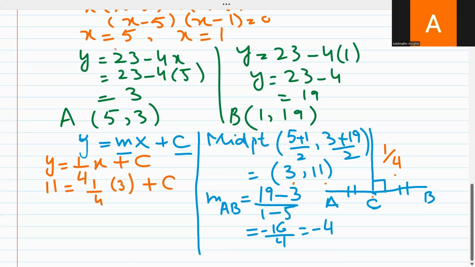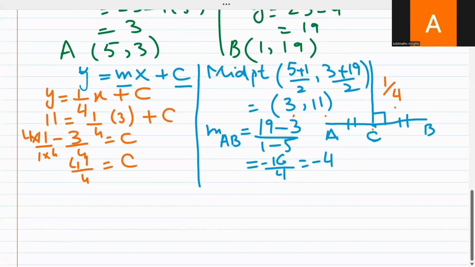So this is 3 by 4. Now you can take this 3 by 4 to the other side. So 44 minus 3 is 41 by 4. So the value of c is 41 by 4.